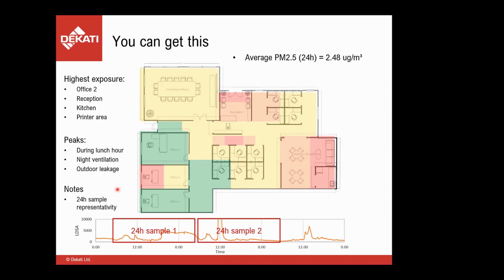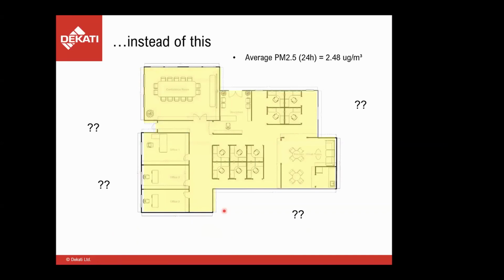And then of course you'd understand what is the representativeness of your long-term samples compared to the real-time data. So this gives you much more thorough understanding than if you're just doing an average PM2.5 collection over a 24-hour period.